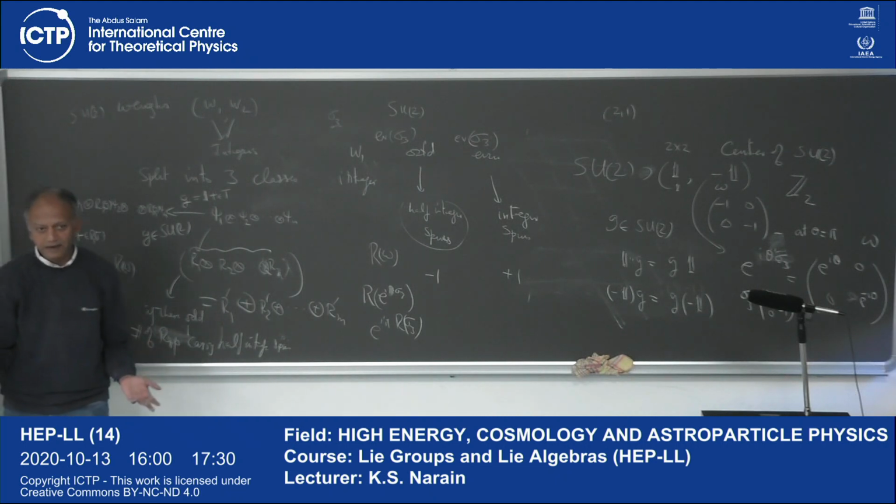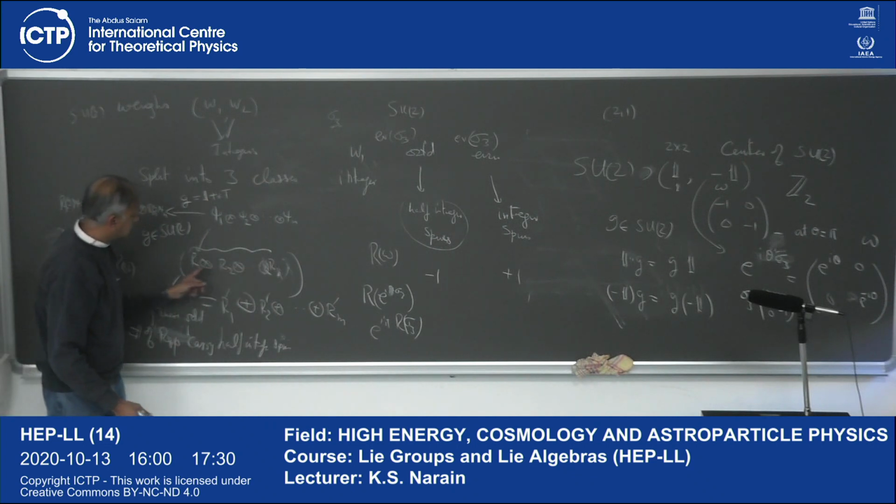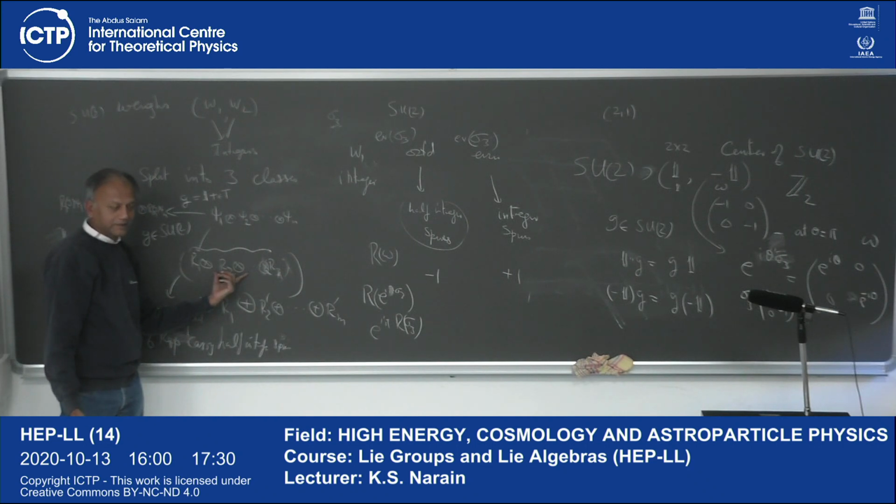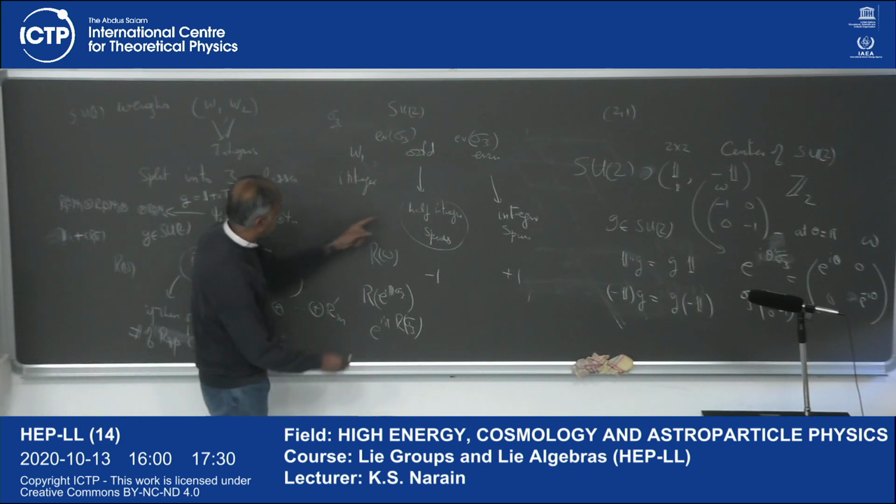But of course you knew that. I mean, after all, when you take the tensor products, the weights just add up. Right? I mean, it's trivially true, because weights just add up. In this state, if you look at any given state, suppose this has some weight, this has some weight, this has some weight, then the total weight will be just the sum of these weights. So if there are odd number of half integer weights, I mean, when I say half integer here, I'm looking at sigma 3 by 2 eigenvalues.